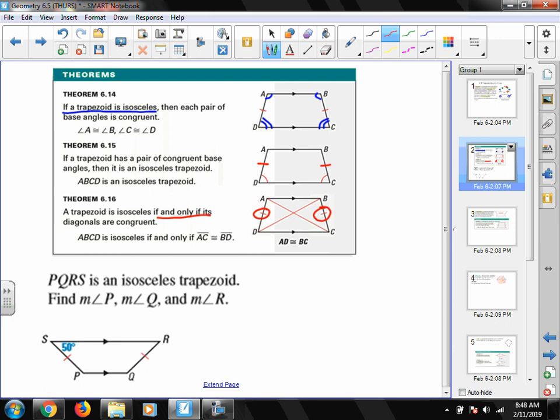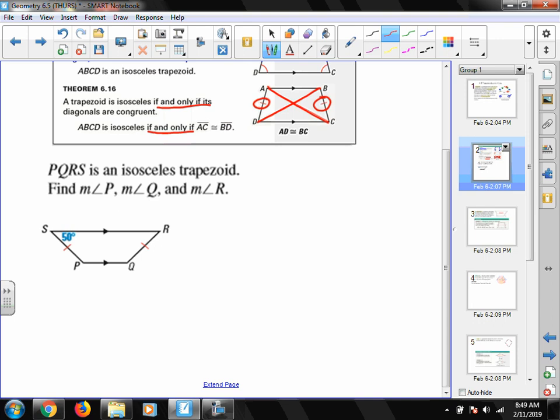Or I could start you the other way. That's the nice part about that if and only if. I could tell you that AD and BC are congruent, or that it's an isosceles trapezoid, then you would know that these diagonals, AC and BD, are going to be congruent to each other.